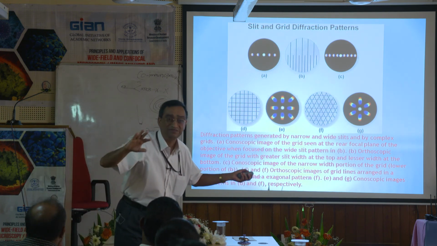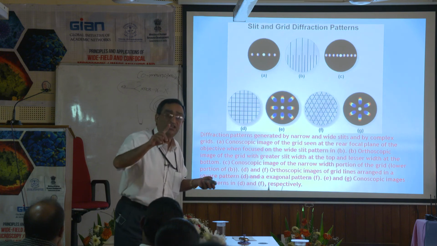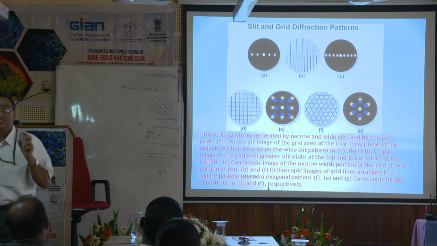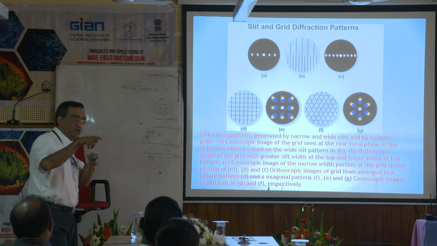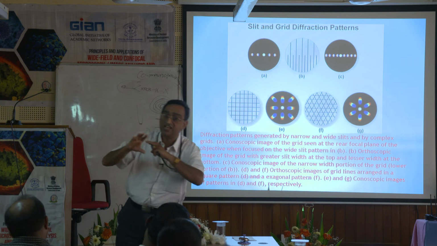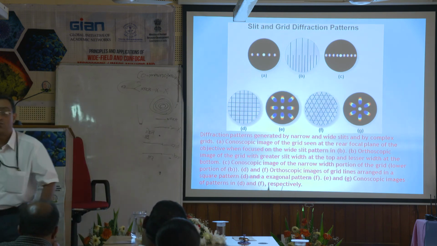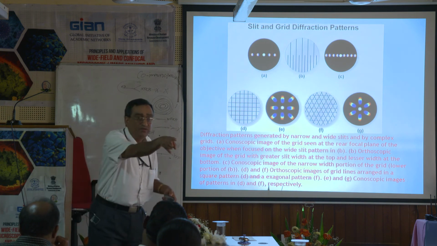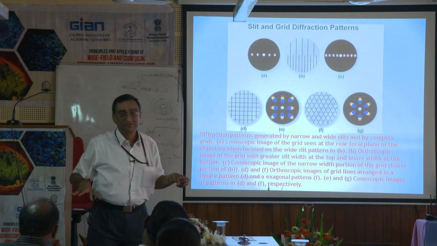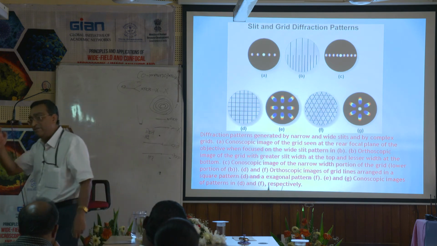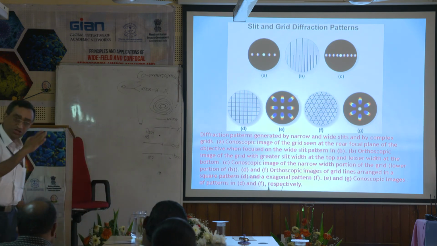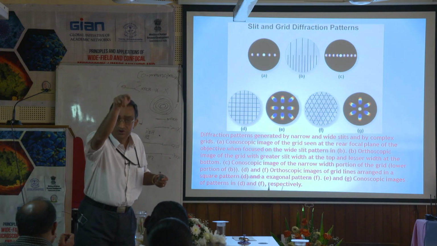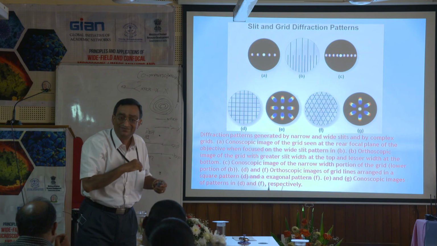The orthoscopic image you always see, whereas the conoscopic image you rarely see, because when the microscope is designed, both will be formed. But the designer of the microscope always makes sure that they won't form at the same point. If both are formed at the same point, there is a lot of confusion. So what we do is, we project the orthoscopic image to an intermediate image plane and view it through your eyepiece.